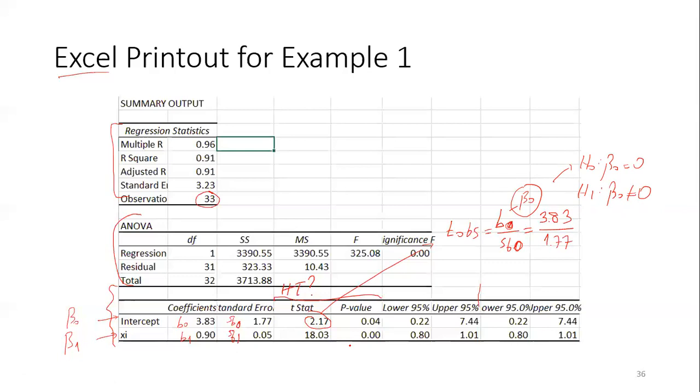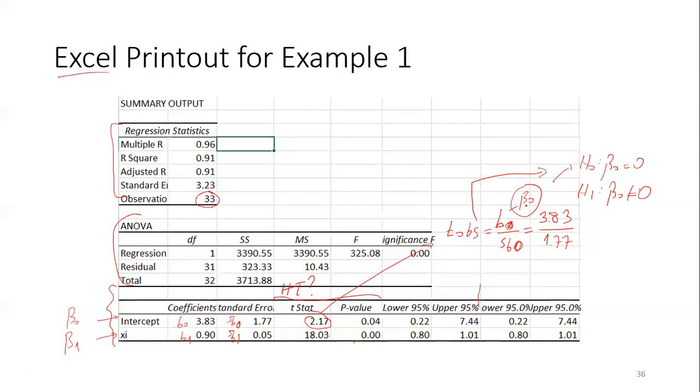As we said, beta 0 equal to 0 and beta 1 equal to 0 are important tests. Therefore, statistical packages by default give the t-statistics and p-values of these hypotheses. Let's recap. This 2.17 is the t observed for this hypothesis.